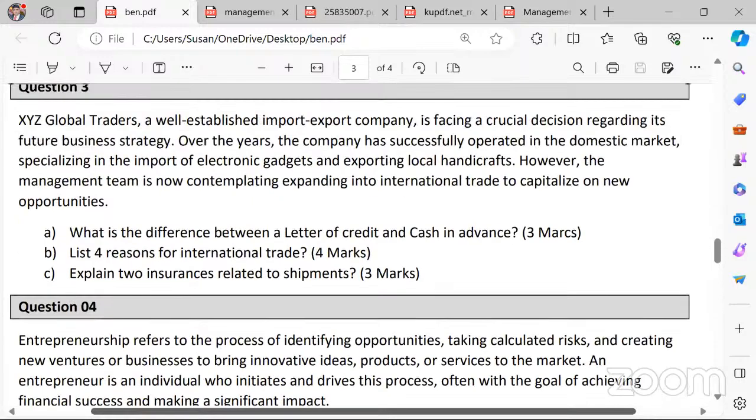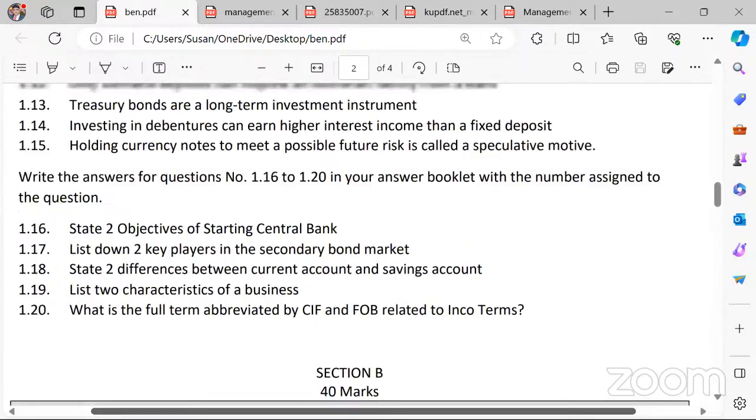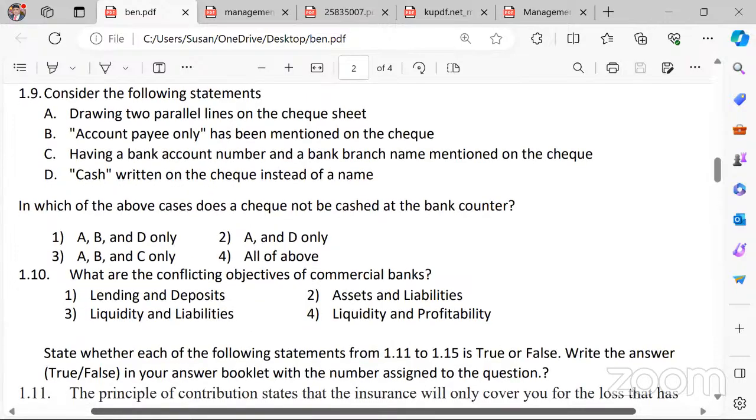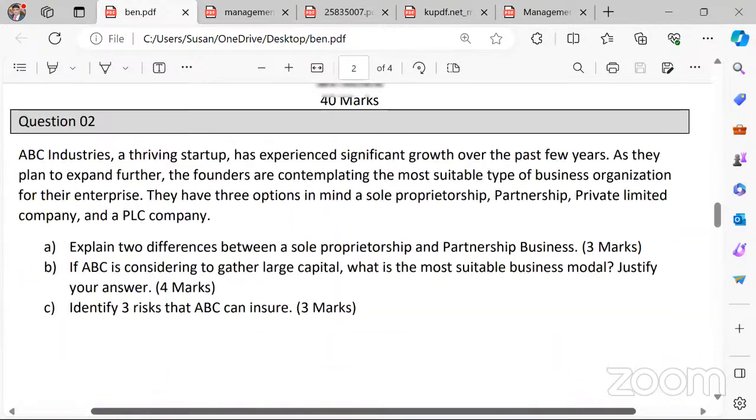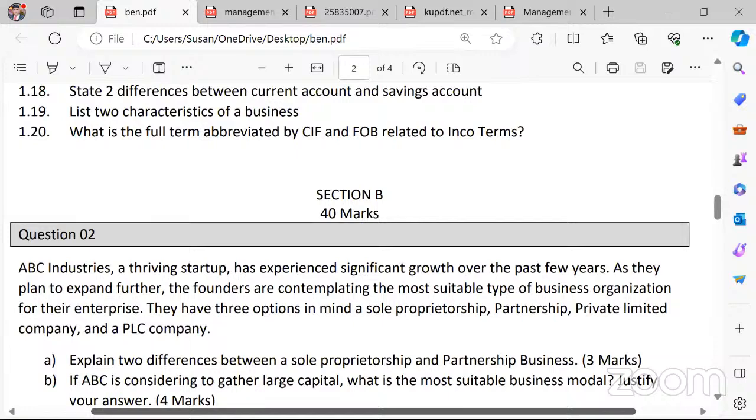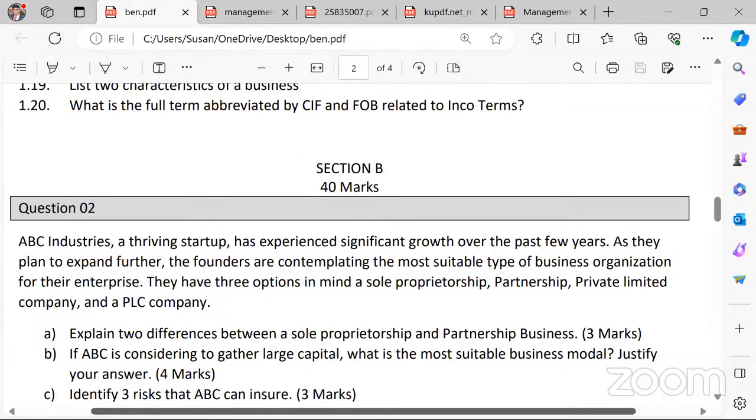Section B includes another set of essay type questions, where you can also get 40 marks.